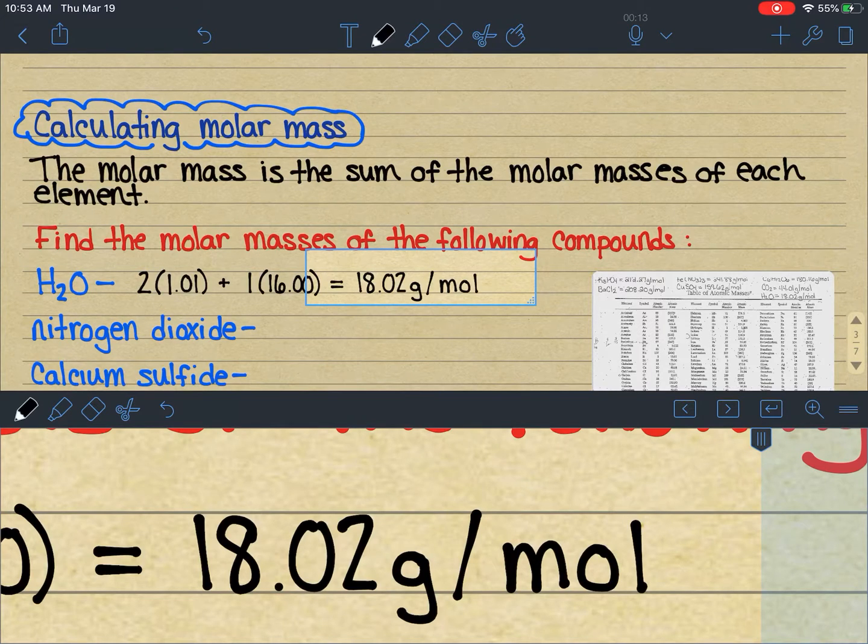What's great about that, you guys, is that water, which typically has a density of close to 1, if I had 18.02 milliliters of water in a graduated cylinder, or I had 18.02 grams of water in my graduated cylinder, that's 1 mole. So that's 6.022 times 10 to the 23rd molecules of water.